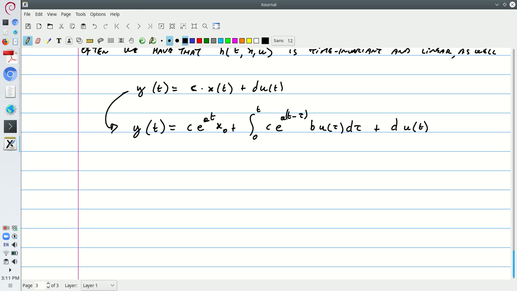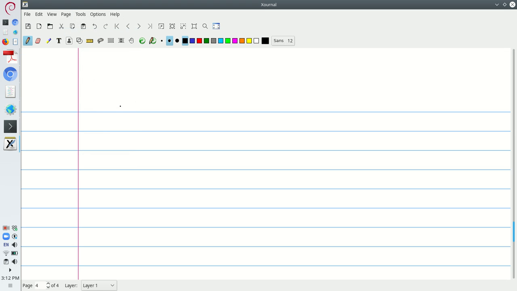What we are going to see now, at least in the case of a first order linear system, is what is the expression that we get for some specific inputs. For example, it would make sense to consider what's called a step response. So let's consider the step response.